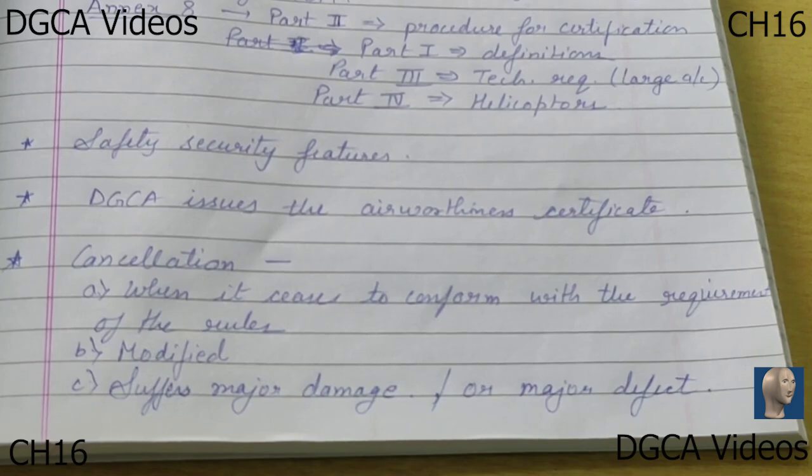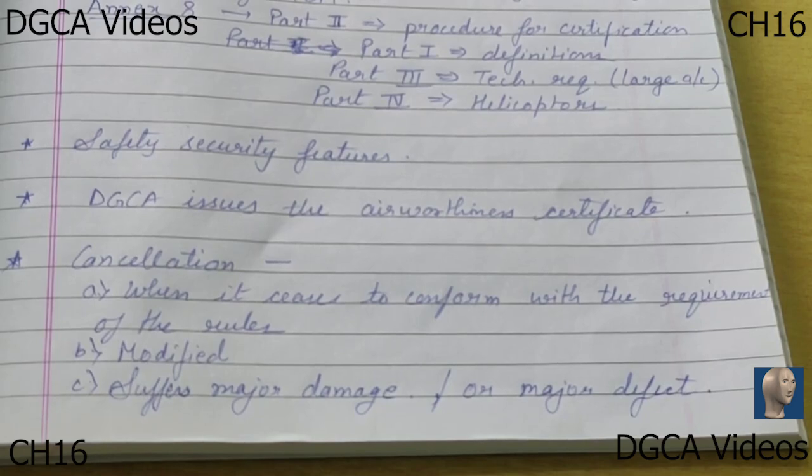So, in case the aircraft ceases or fails to conform with the requirements of these rules in respect of operation, maintenance, modification, repair, replacement, etc., then its airworthiness is deemed to be cancelled.